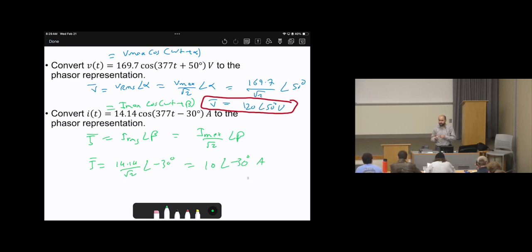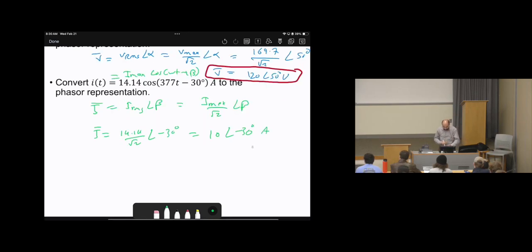Then when you get your final answer, don't forget to convert it back to time domain, something called phasor domain inverse. So let's assume we converted all of the voltages and currents to phasor domain. Then, for example, the question was to find the unknown voltage or unknown currents. After doing several analyses, KVL, KCL, Ohm's law, we find the unknown currents. Then we need to convert this back to time domain.